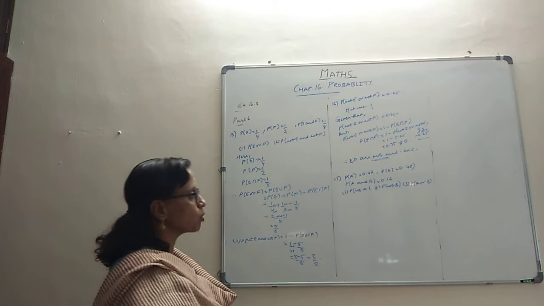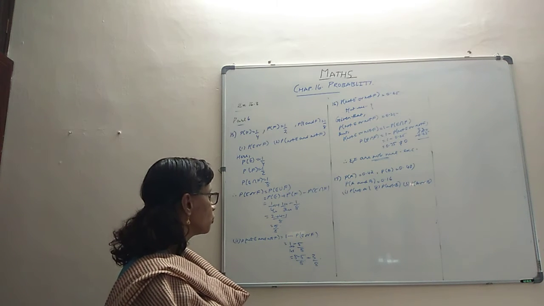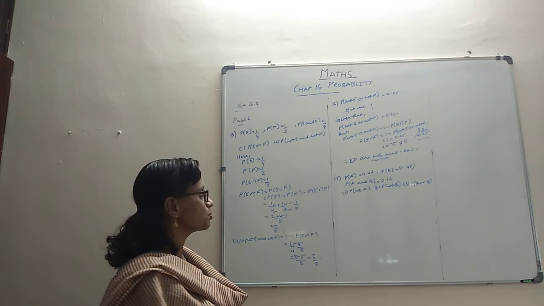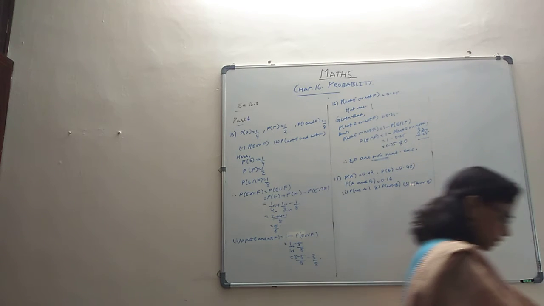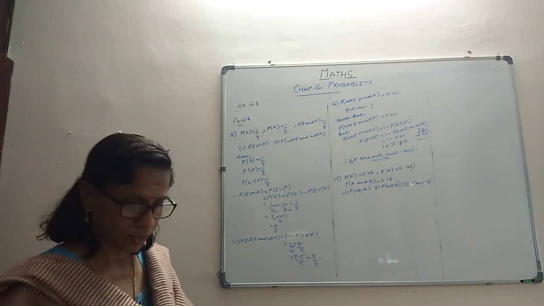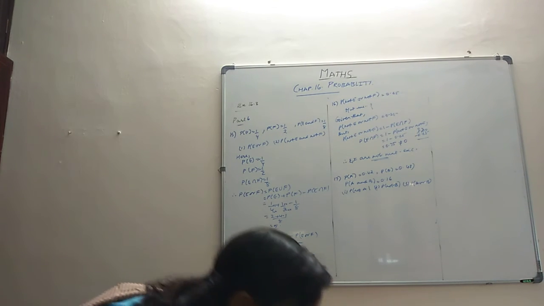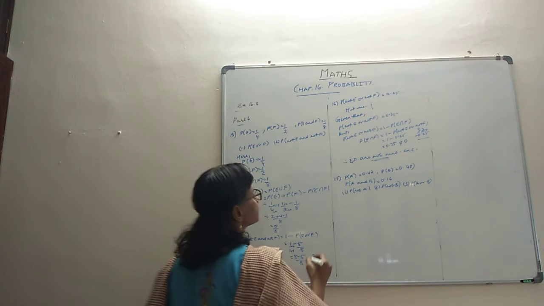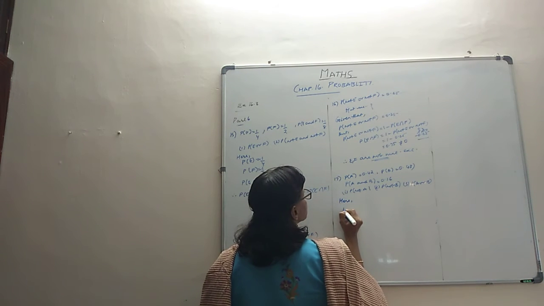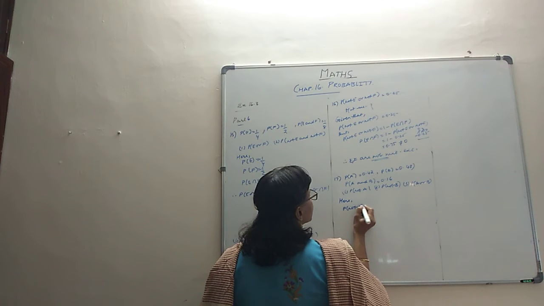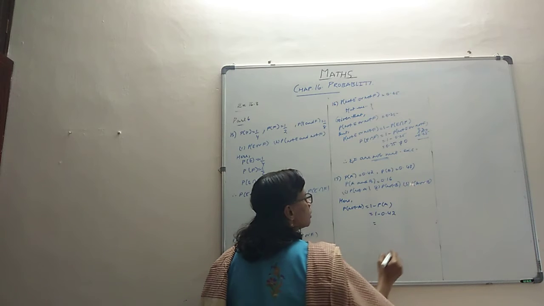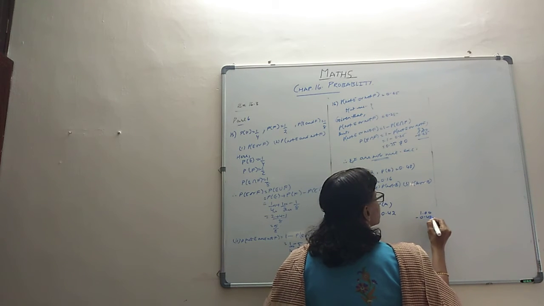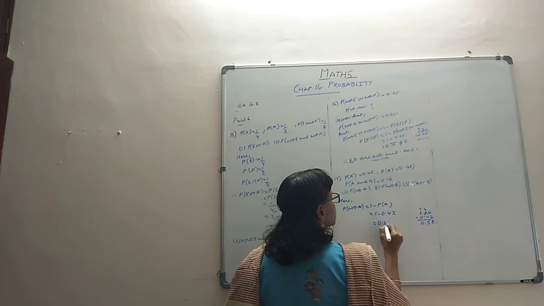Next question, probability of A is 0.42 and probability of B is 0.48 and A and B intersection is 0.16. We need to find the other things. Probability of not A is 1 minus probability of A, that is 1 minus 0.42, which is 0.58.